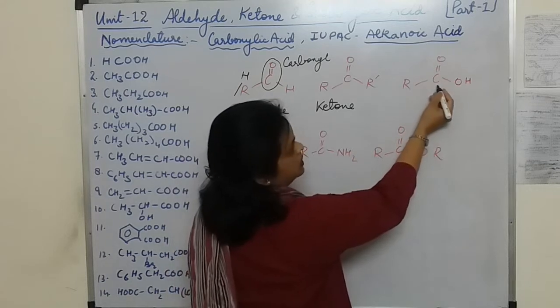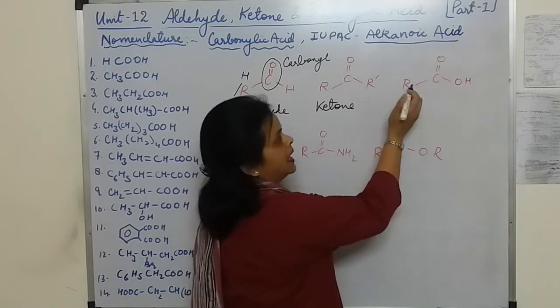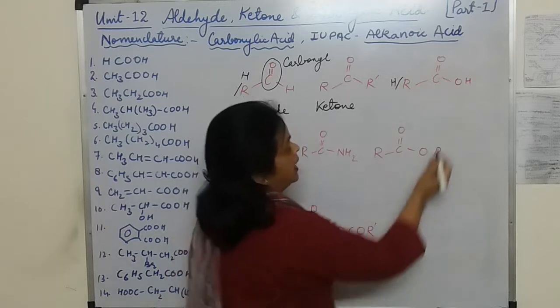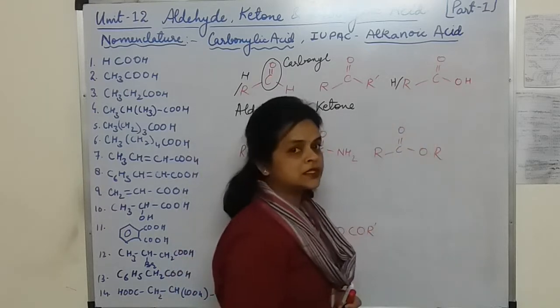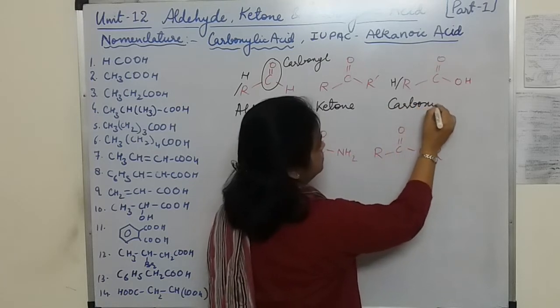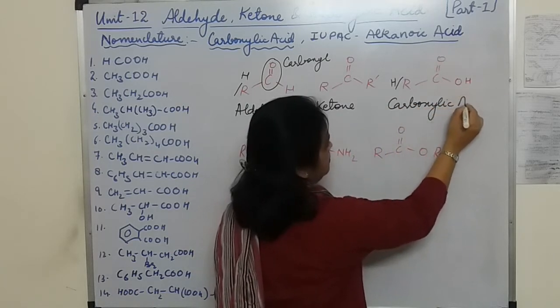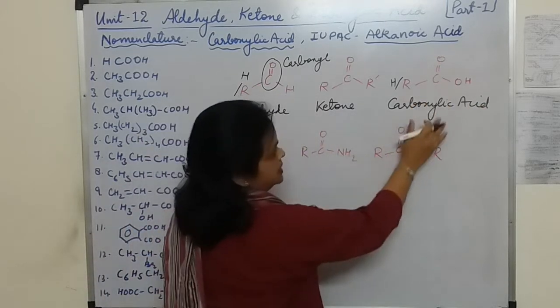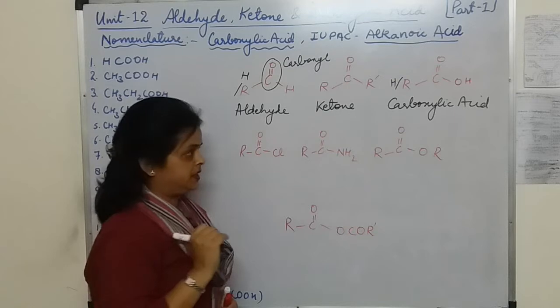Now, this carbonyl group has on one side either an alkyl group R or hydrogen, and on the other side a hydroxyl group, that is called a carboxylic acid. Now this carboxylic acid has four derivatives.